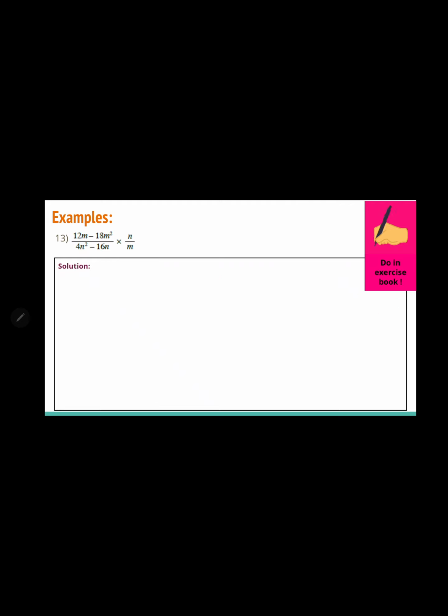Example 13 now. Multiply, complicated? Not really. What I can do, or you can also do and compare. 12 and 18, I think it's 3. Again, experience. Factorize.